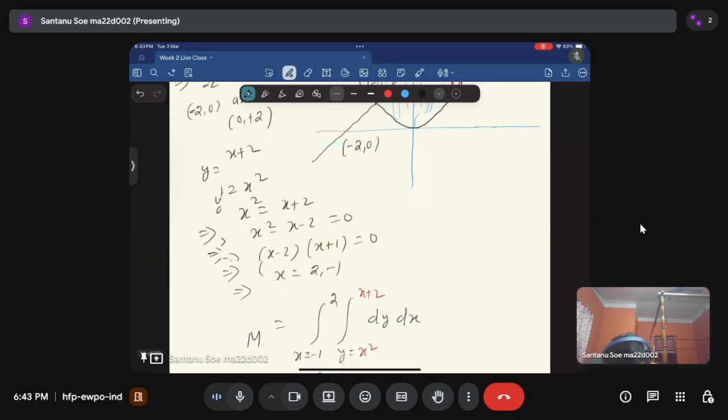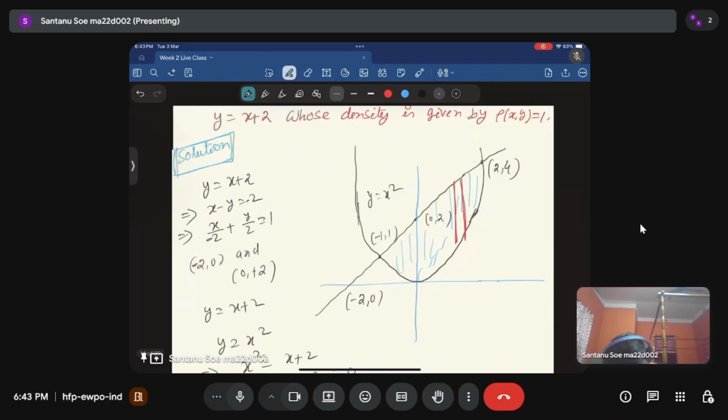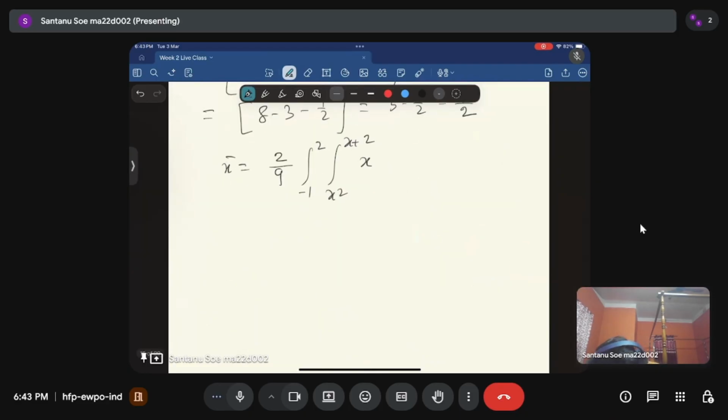So here rho is 1, correct? So this is dy dx. This is going to be 2 divided by 9, minus 1 to 2, and similarly this will be x times x plus 2 minus x squared dx.